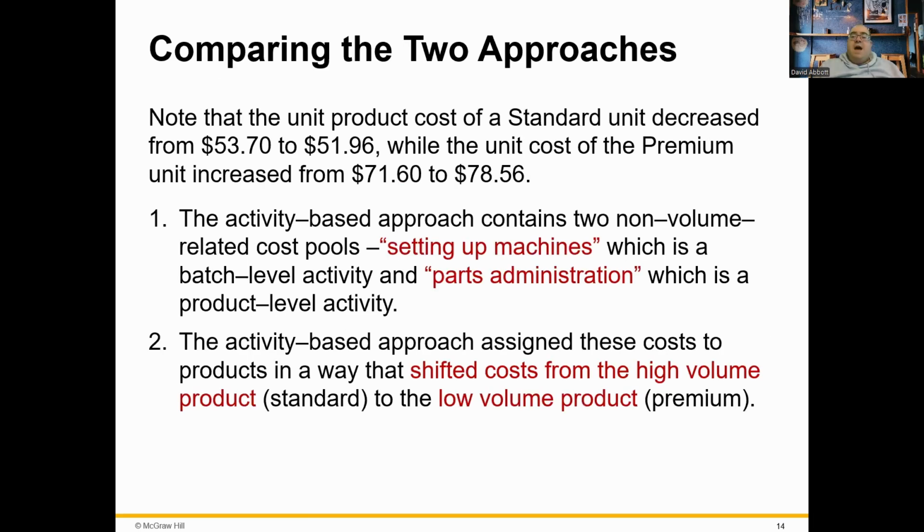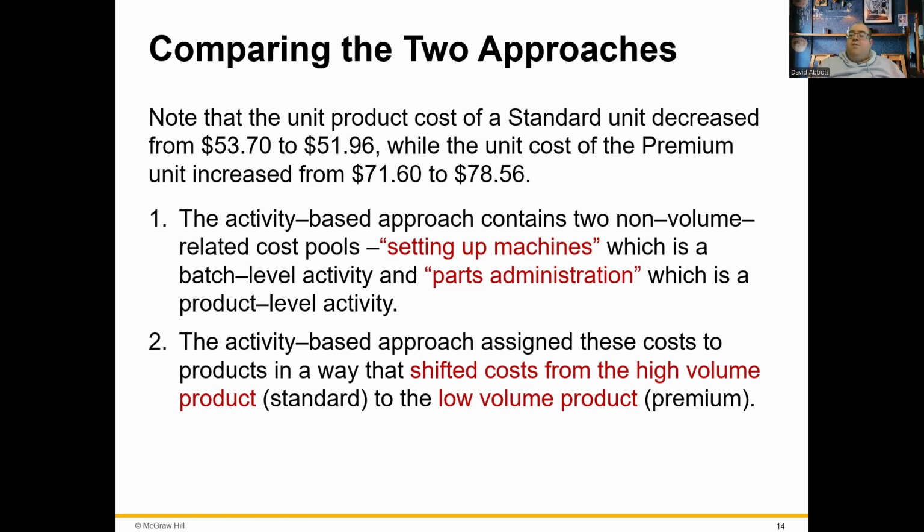Now, notice that the unit product cost of the standard unit decreased from $53.70 to $51.96, while the total cost of the premium unit increased from $71.60 to $78.56.